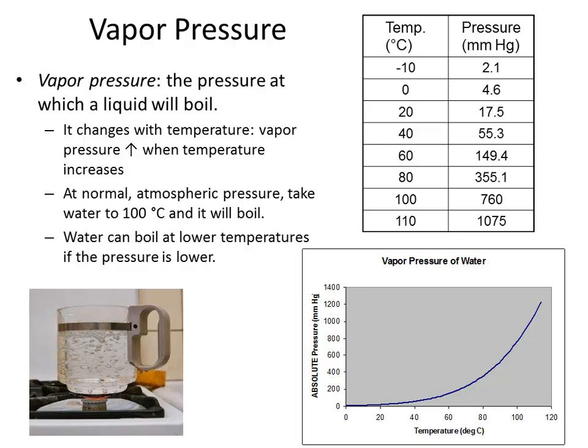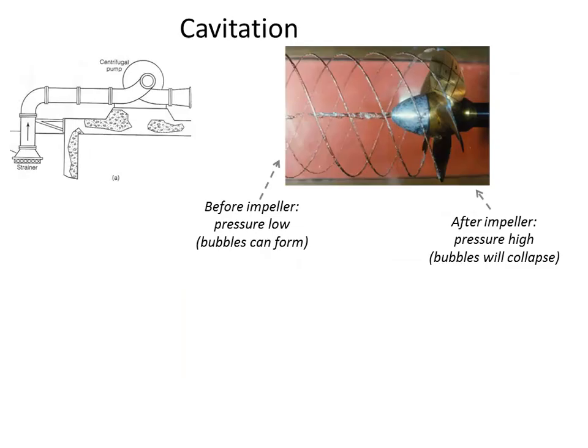Of course, the absolute pressure is never negative, but a negative gauge pressure gets us closer to the vapor pressure. And so the figure that we saw previously was that here's a free surface of water, and water is flowing in the direction towards the pump. The pressure is constantly decreasing in the direction of flow, and so the pressure is getting more and more negative.